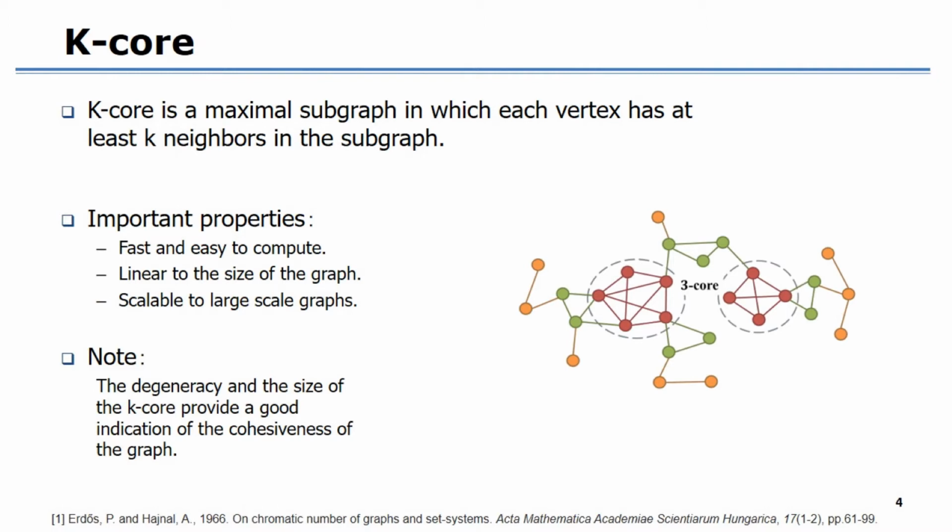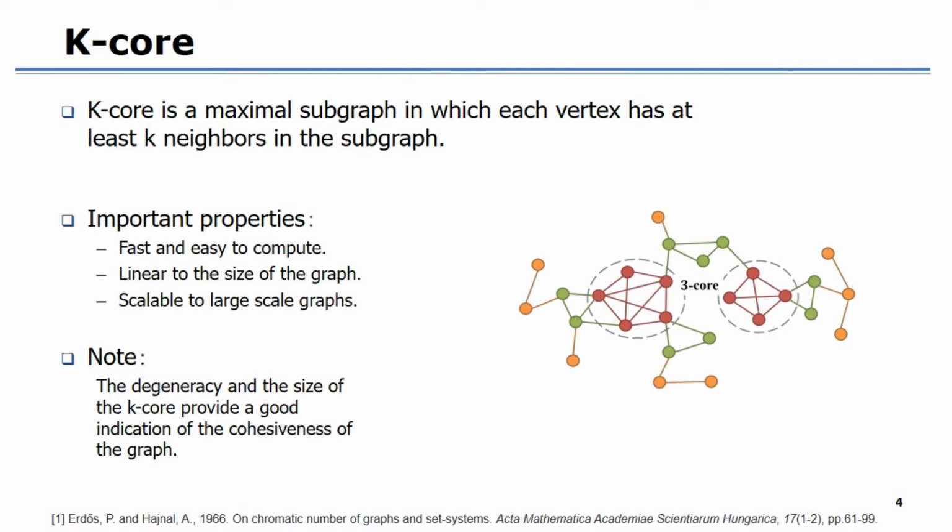K-core is a maximal subgraph in which each vertex has at least k neighbors in the subgraph. It is widely used in different problem settings to identify cohesive subgraphs due to the following important properties. First, it is fast and easy to compute. By iteratively peeling vertices not satisfying the degree constraint, the K-core can be computed in linear time regarding the graph size, and thus is scalable to large graphs.